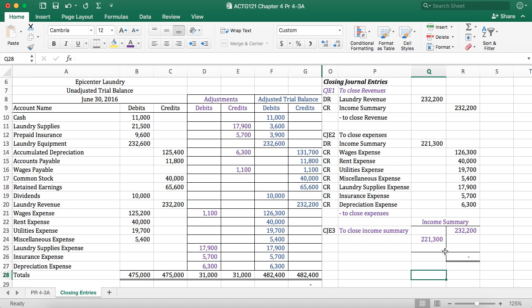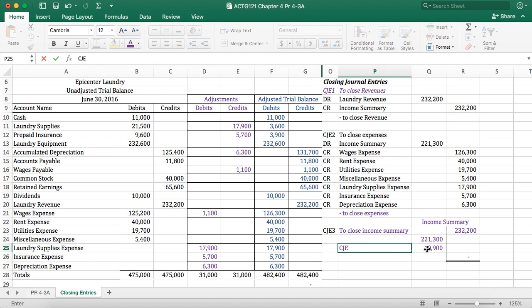And I need to get this account to zero, so I'm going to need another debit. Easiest way to remember is once you have your T account, start with your credit, subtract your debit, and that's the amount, $10,900, that I need to close with CJE3. Okay, that's the CJE3 adjustment amount.